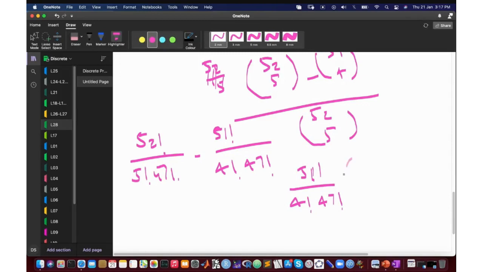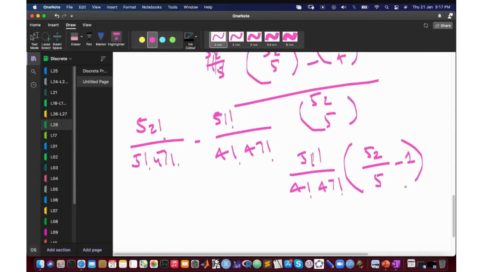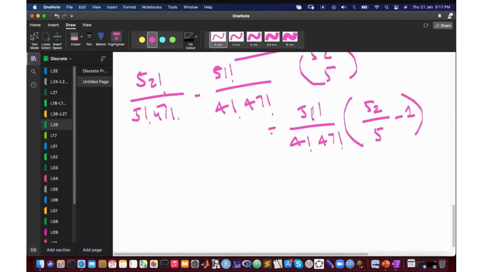This we can pull out, and we are left with 52 over 5, minus 1. Is this correct? So there's 51 factorial here, and there's 4 factorial, 47 factorial, everything is gone. So you're left with this.